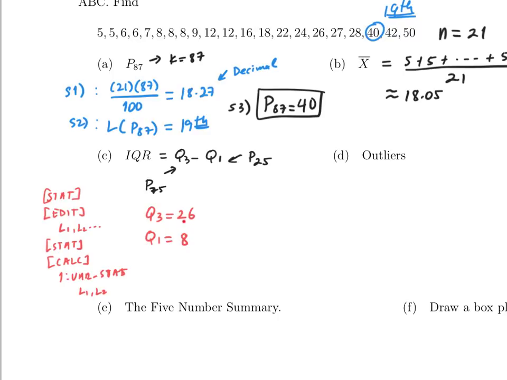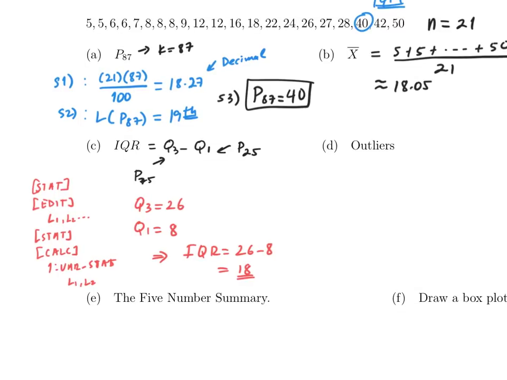So you can use whatever the calculator gives you. So the IQR in our case is Q3 minus Q1, which is 18. That's the answer to part C.